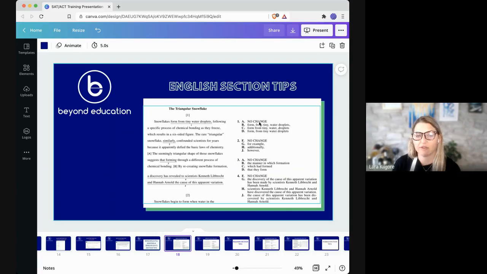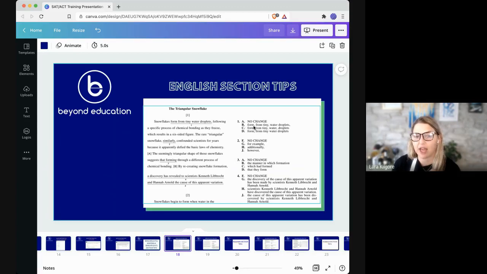Okay, should I have no change? Should this change to form, comma, from tiny, comma, water droplets, comma? So if I'm looking at my 3 options here, you can see pretty quickly, if you're a visual learner, that the difference between these answers are where I'm putting the commas. So my original, which the first answer is always going to be no change, my original has the comma after droplets.